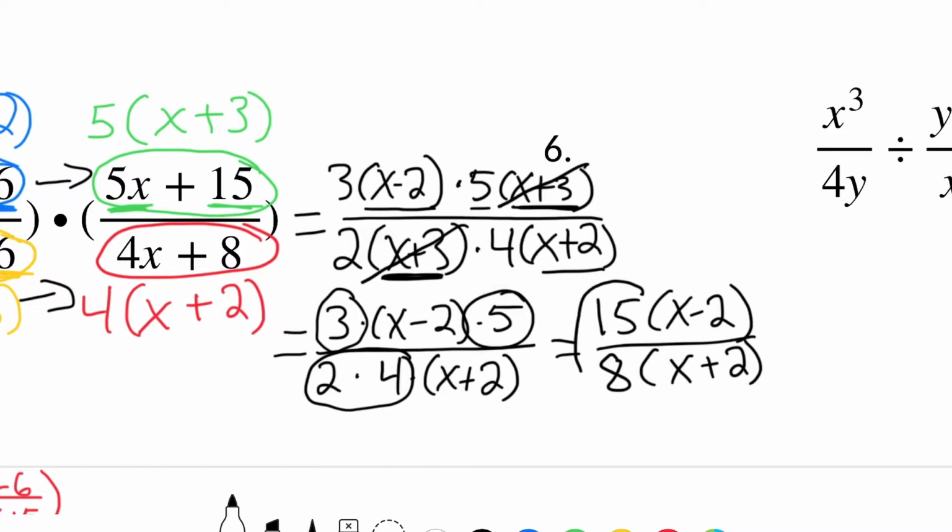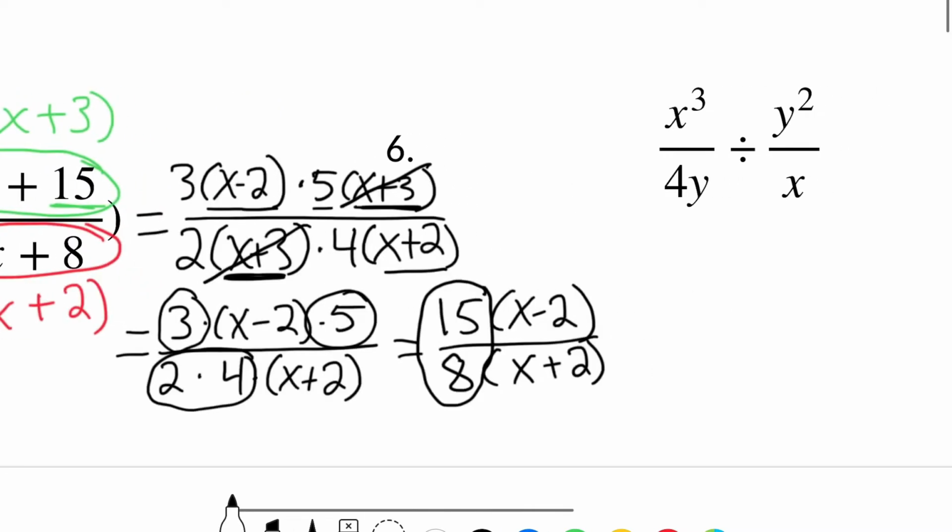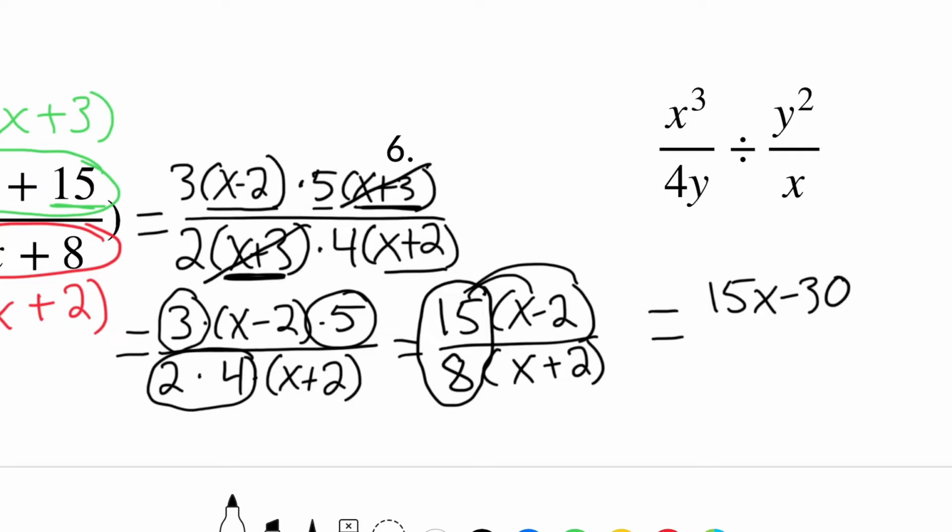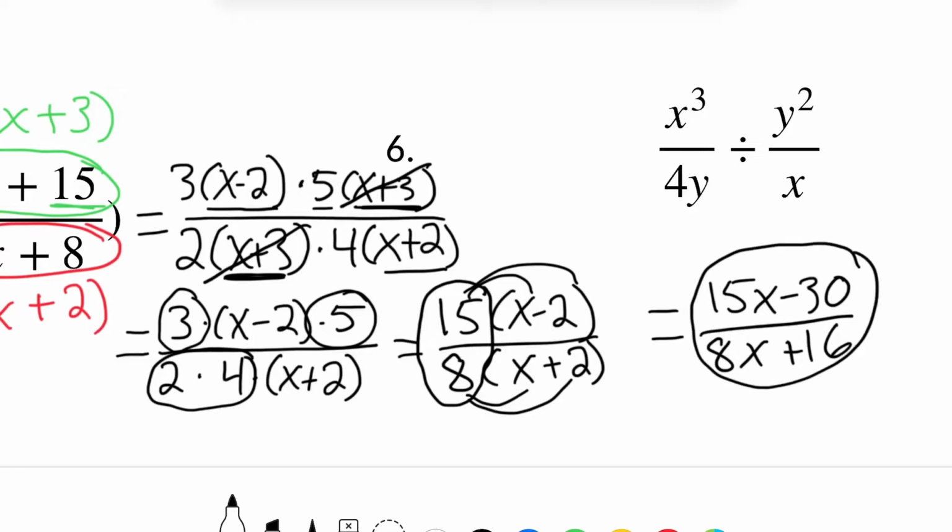We do need to take a second and see if we can simplify this fraction, and we cannot. So we can distribute our 15 to get 15x minus 30 in the numerator, and in our denominator distributing the 8 to get 8x plus 16. And that would be our result for number 3.